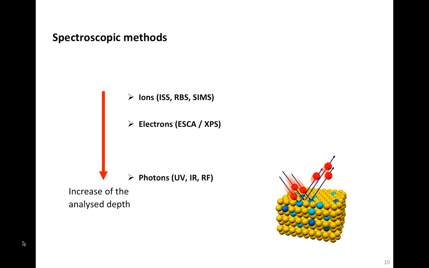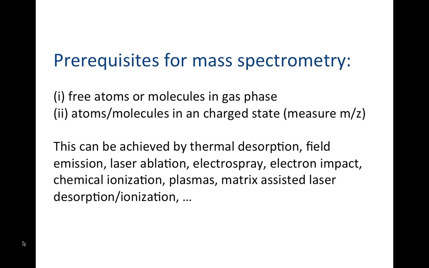RBS, which is Rutherford backscattering, secondary ion mass spectroscopy, and ion scattering spectroscopy, we need a mass spectrometer. What you need, of course, is to have free atoms or molecules in the gas phase, and they have to be charged, because what we measure is the mass divided by the valence.